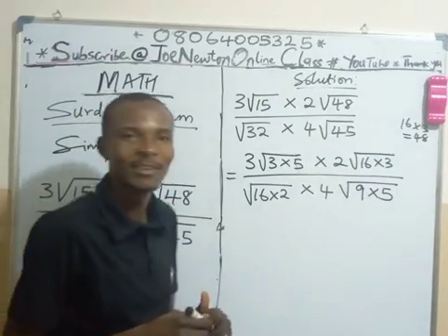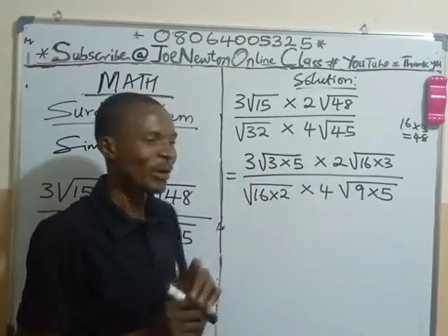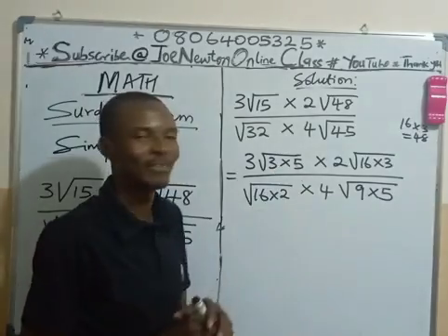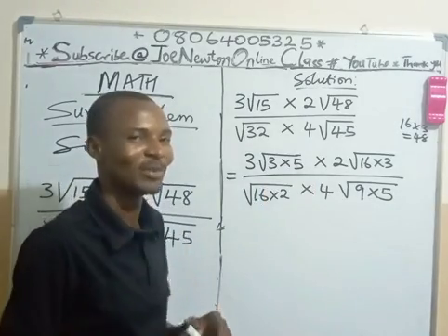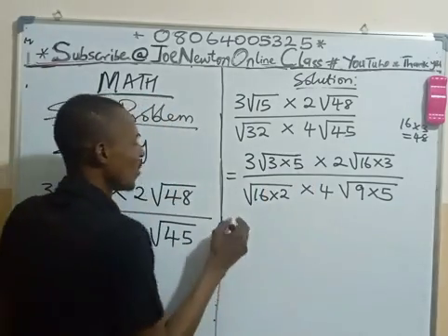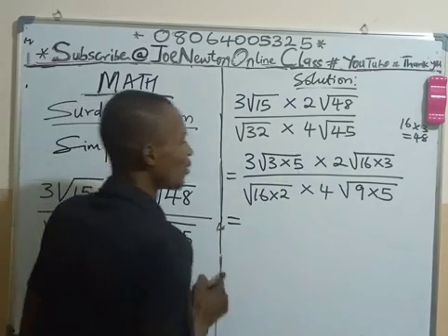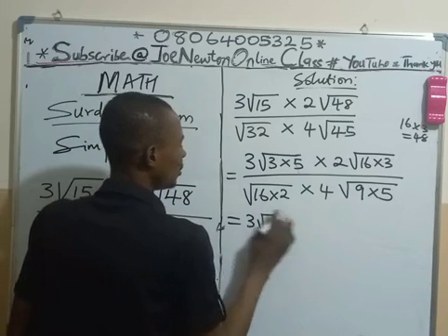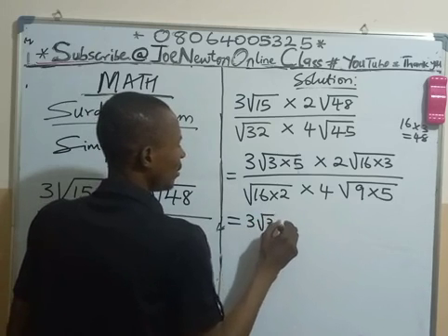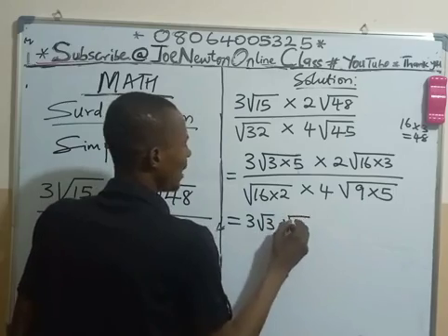Then we continue. When we ask, what of this one? Don't worry, you will see the need why we did this. Because both of them are irrational, but there is a purpose for the simplification. Then we continue. That will give us 3 root 3 times root 5.